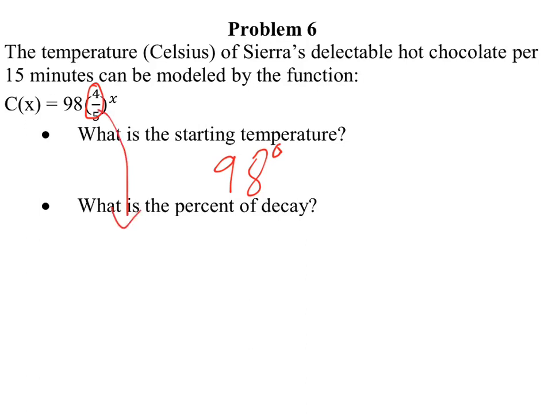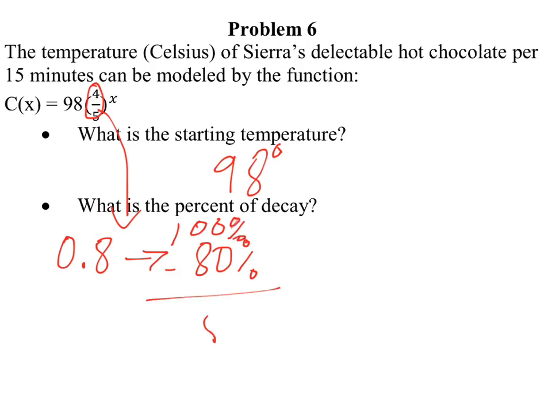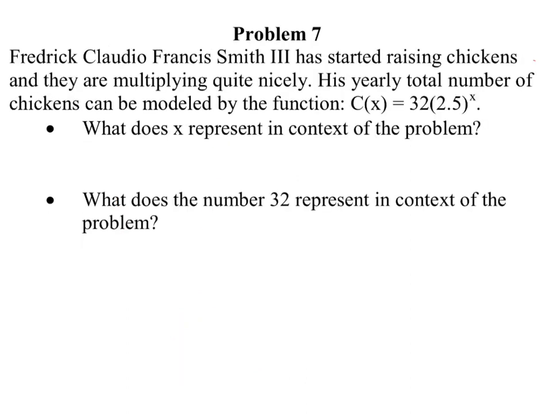But if you do 4 divided by 5, you're going to get 0.8, which when you convert to a percent, it's going to give you 80%. So it's keeping 80% of the amount of heat. So if you take that number and you subtract that from 100, you're left with 20%. And that's what percent gets lost each 15 minutes. So it's losing 20%. That's the percent of decay.